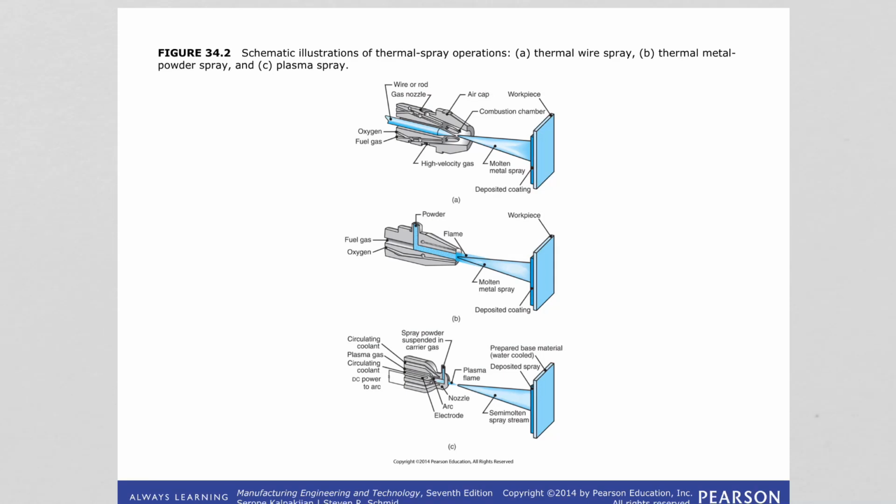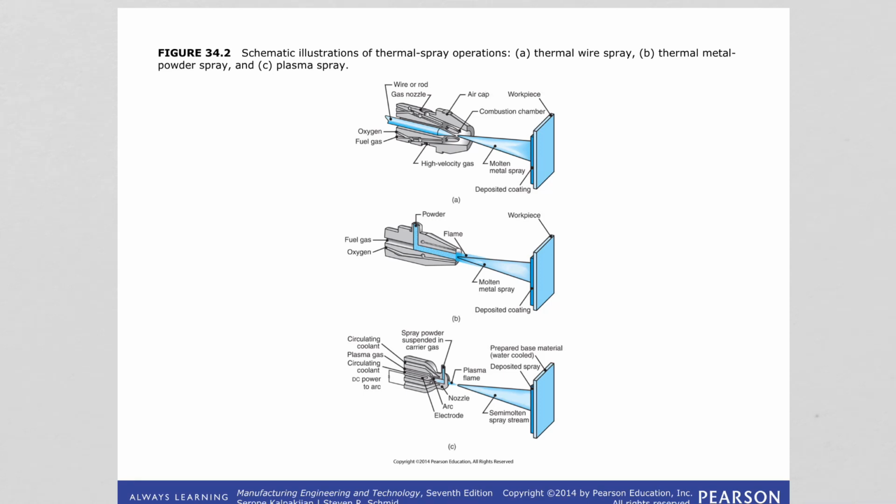And there is plasma spray. So in this case the source of energy is not combustion like within a flame, but it's electrical. Okay, the first two were combustion spraying, and this one is electrical spraying. In this case we have plasma.